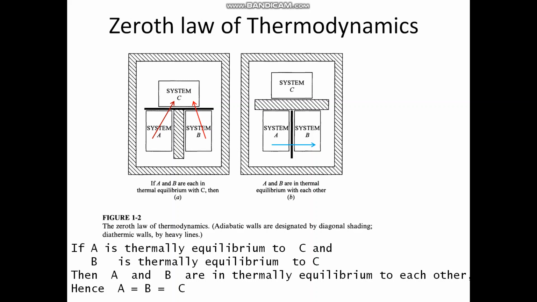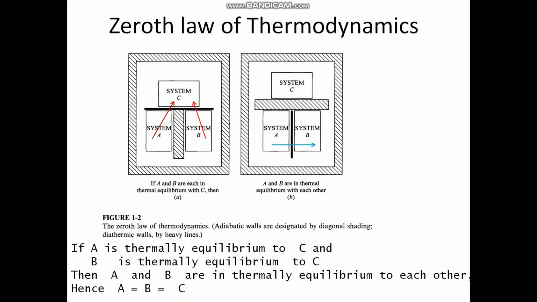This property is known as the temperature. So according to the zeroth law of thermodynamics, we can define temperature. Thus, the temperature of a system is the property which determines whether or not the system is in thermal equilibrium with another system.